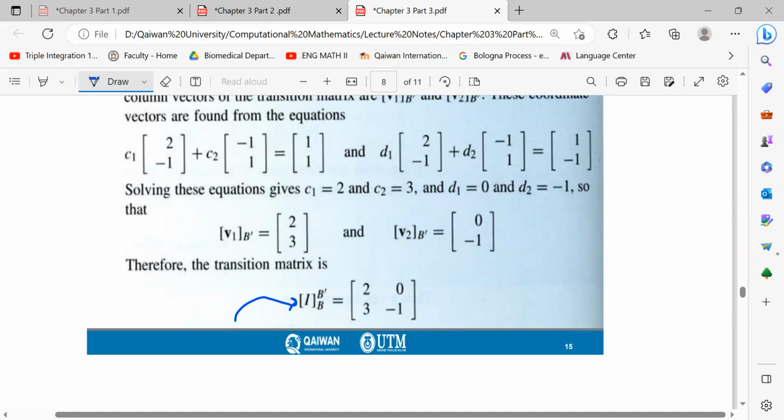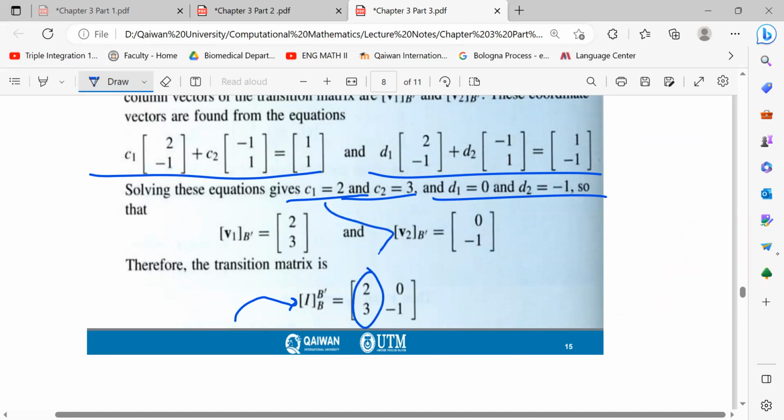As you see, in these two cases, we get these values for C, these values for these, okay? And we get the transition matrix. The first column could be obtained from the values of C, and the second column are the values of D, okay? So this is the transition matrix.